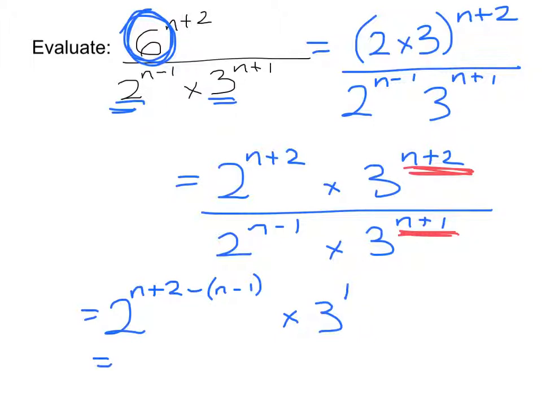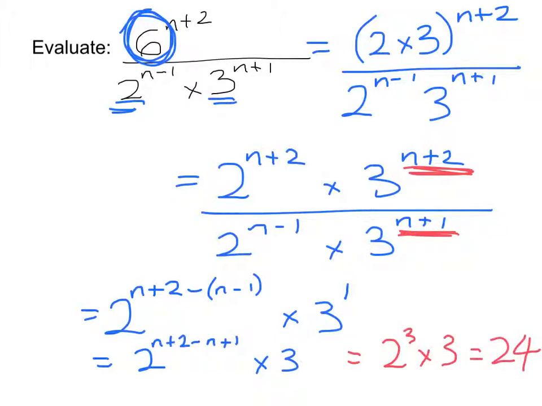Okay, and similarly here we get 2 to the power of n plus 2 take away n plus 1 times 3, which simplifies to 2 cubed times 3, which is just 24.